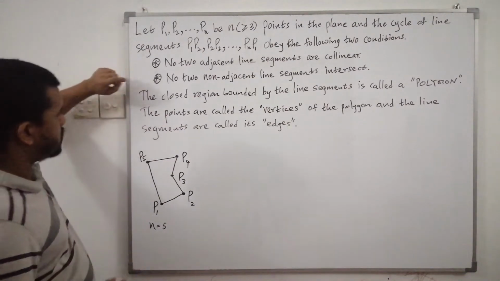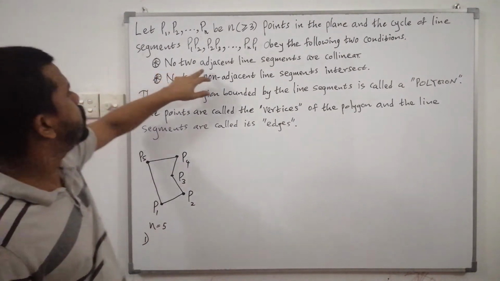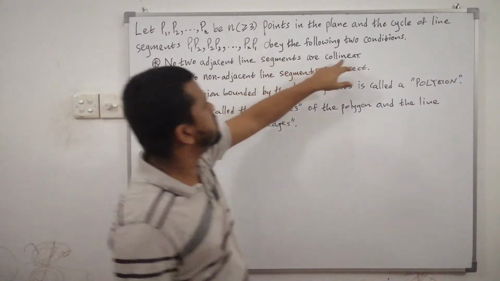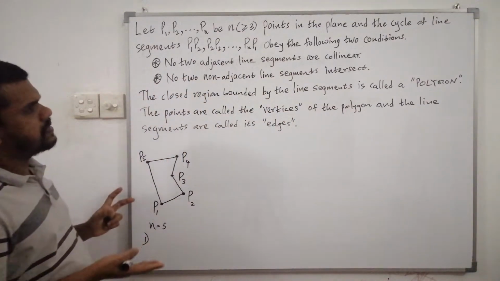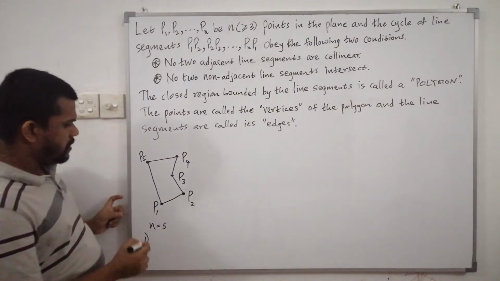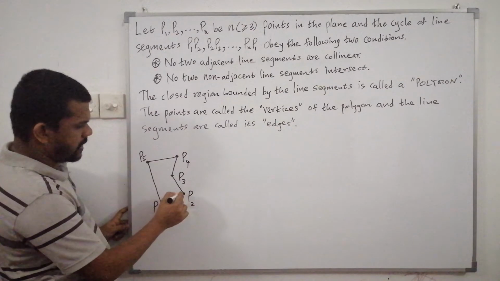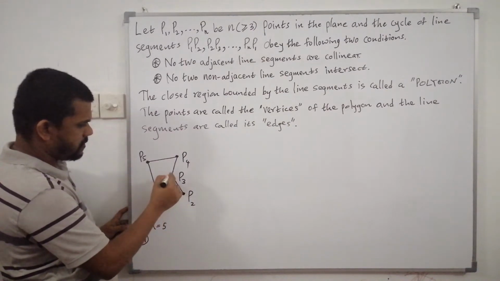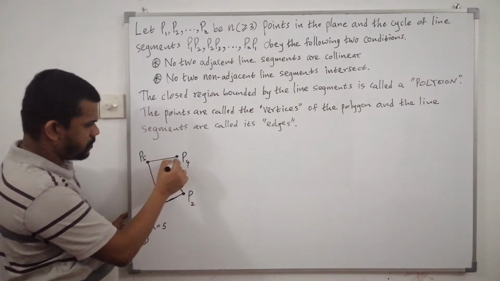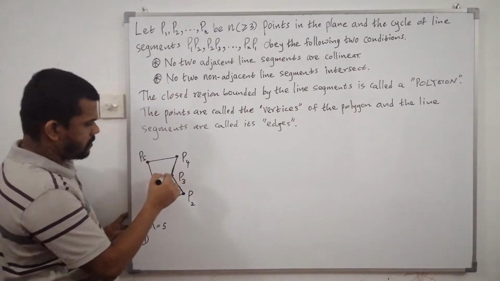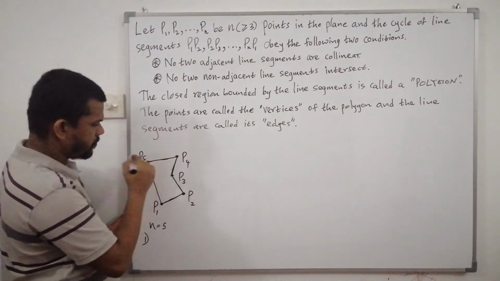Now our first condition: no two adjacent line segments are collinear. So what are the adjacent line segments? This one is adjacent to this, and this one is adjacent to this.